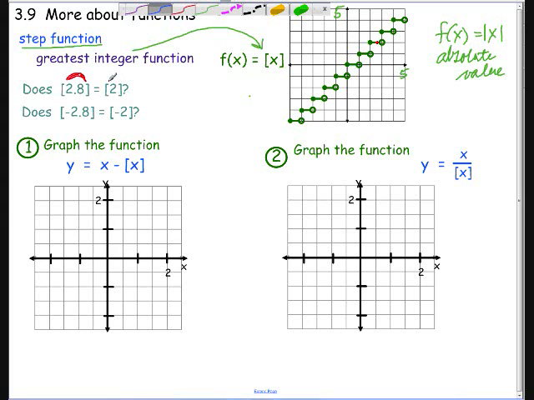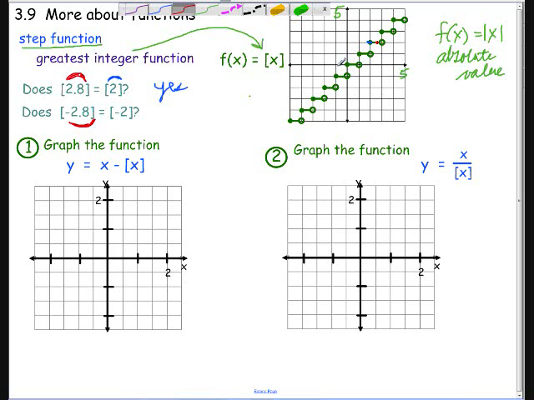And then does that equal 2? Well, here's 2. And are they at the same point as far as y is concerned? Yes. How about negative 2.8?